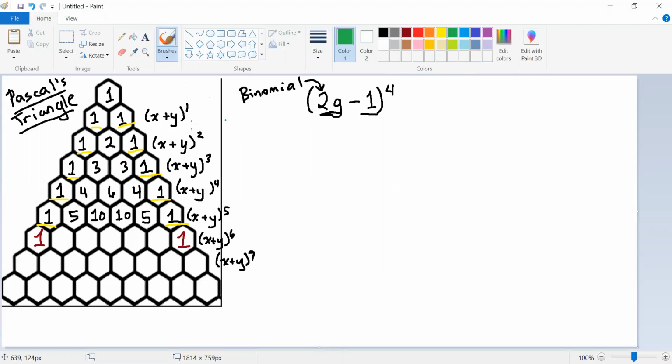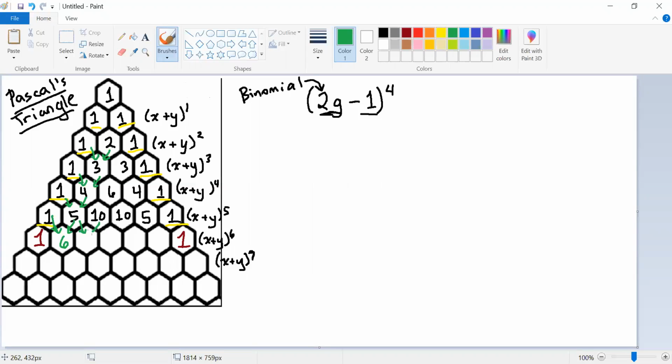Now for the middle numbers, I'm adding the numbers that are above. So we have 1 plus 2 gives you 3, 1 plus 3 gives you 4, 1 plus 4 gives you 5. So here, 1 plus 5, I'm going to get 6.